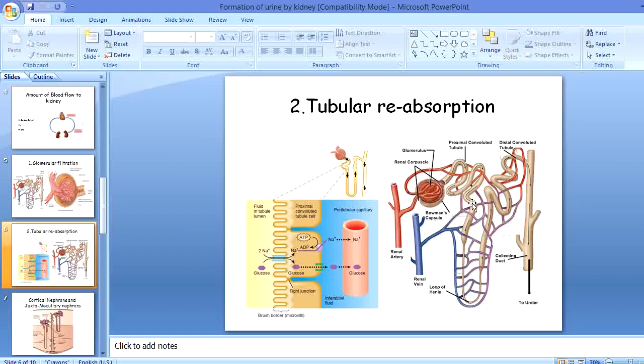This descending tubule and loop of Henle is not permeable to any solute. This is highly permeable to water and sparingly permeable to solute. If this was permeable to solute, then there would be no problem. But this is not permeable to solute. This is highly permeable to water.